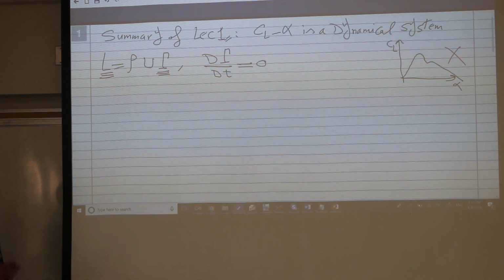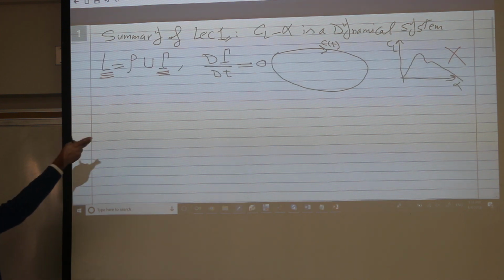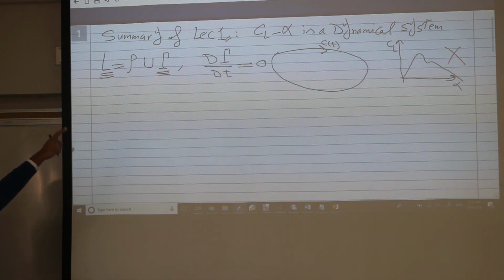So anything can change, the airfoil can do some maneuvers, but the circulation around some fluid enclosed by some closed contour, its time variation is zero.